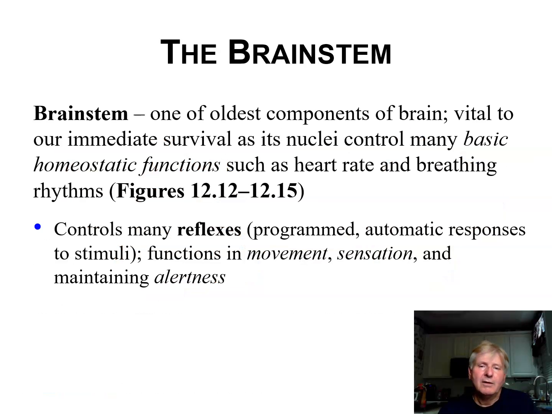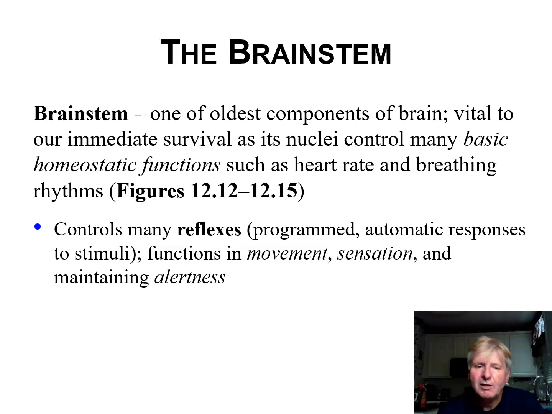Now, the last division of the brain: we've talked about the cerebrum, we've talked about the diencephalon, we've talked about the cerebellum. Now we're going to talk about the brainstem. The brainstem is probably one of the oldest components of the brain, evolutionarily speaking.